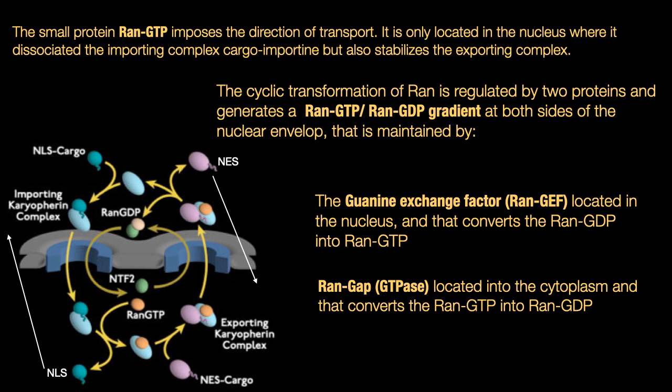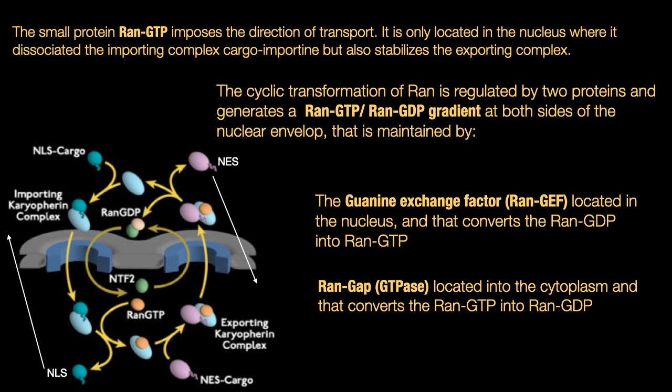When a load binds to an NES, that means it has to be exported. Then Ran-GTP attaches and exportation takes place of that complex. After exportation, once out, the load is released in the cytosol by Ran-GAP, and Ran-GDP results and detaches.